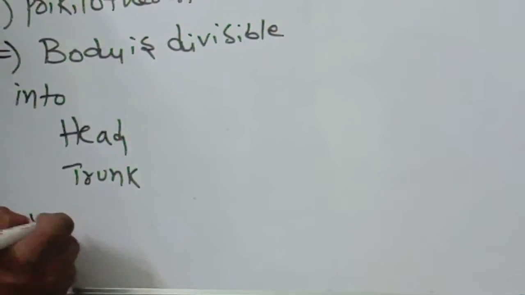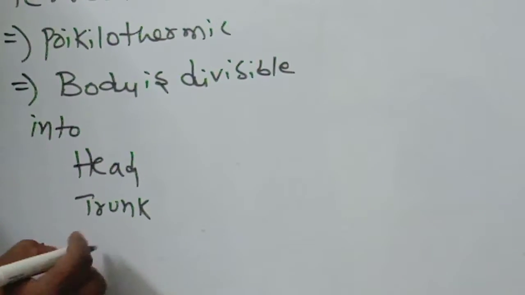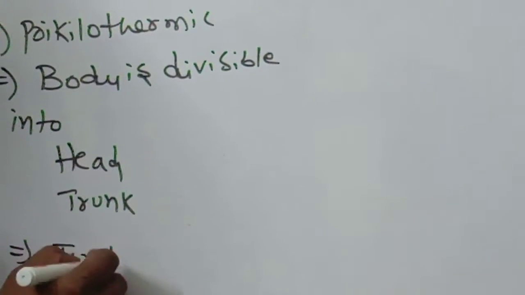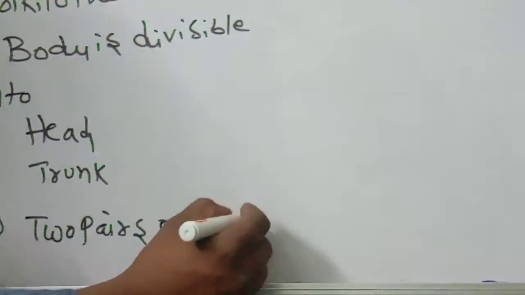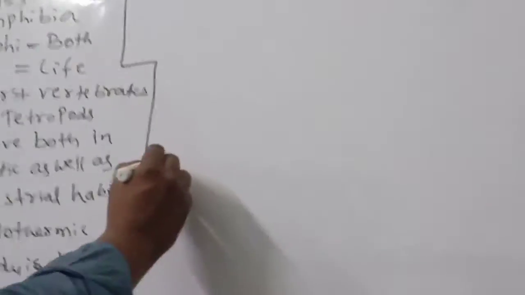Most of them have two pairs of limbs, so two pairs of limbs are present. Tail may or may not be present.